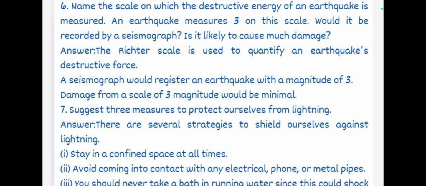Answer: the Richter scale is used to quantify an earthquake's destructive force.